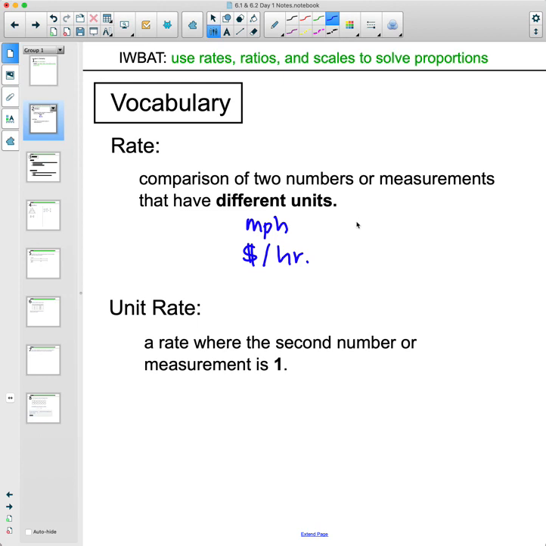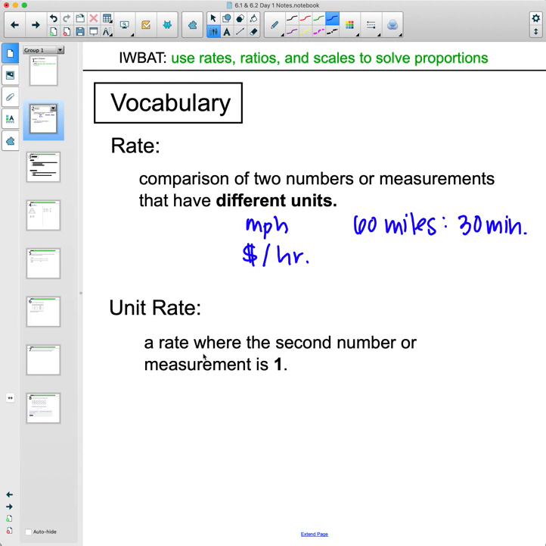So let's do maybe 60 miles versus 30 minutes. That's a rate because miles cannot be converted into minutes. So this would be 60 miles per 30 minutes.